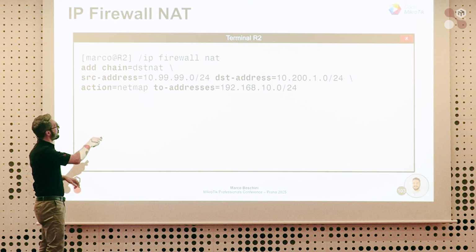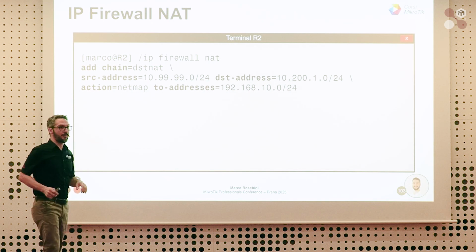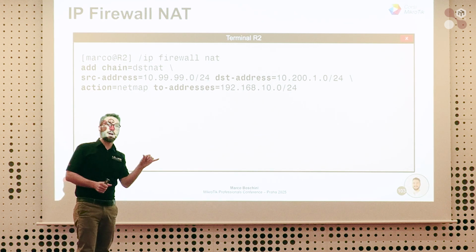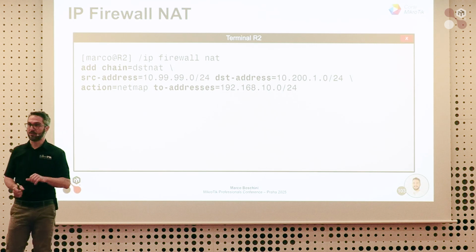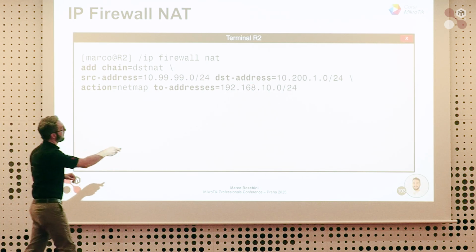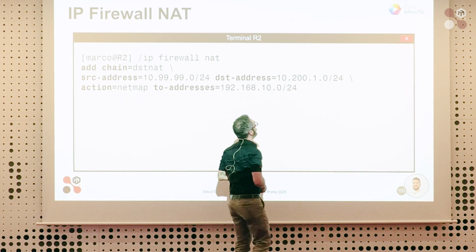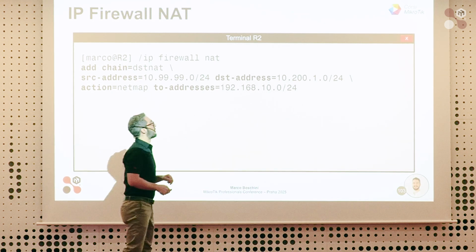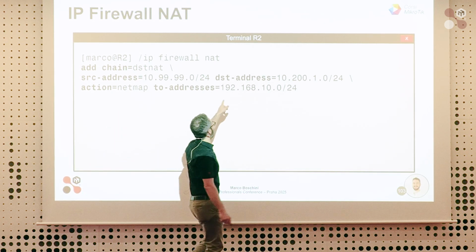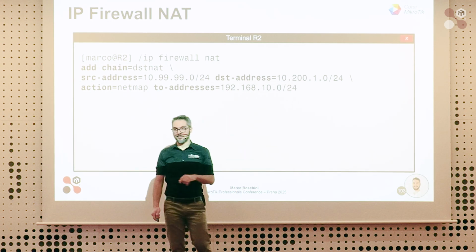You have to change it with the netmap. With netmap, you change the network part of the address, and not only one IP. You can change these parts, in this case, 10.200.1 with 192.168.1.